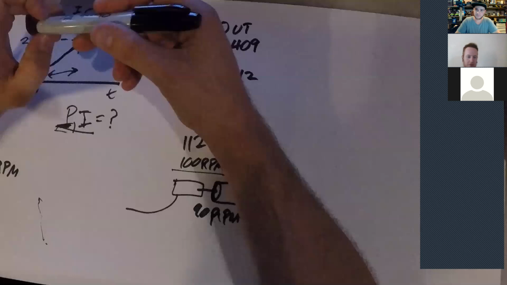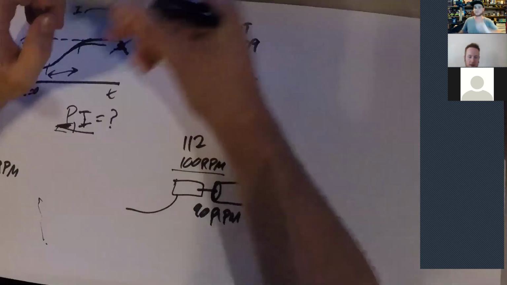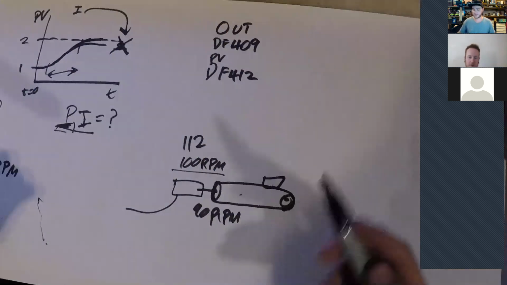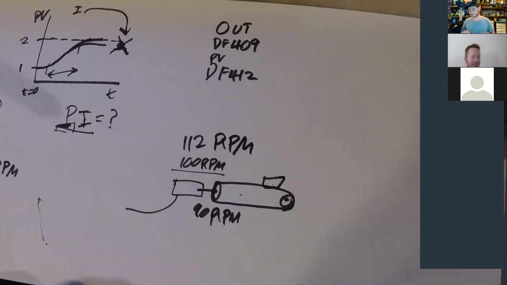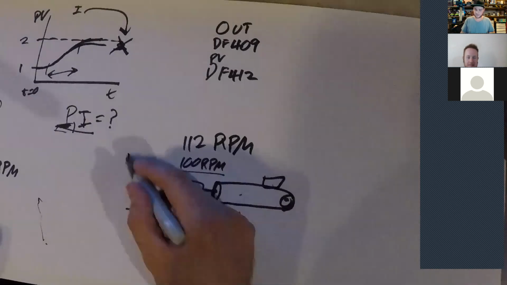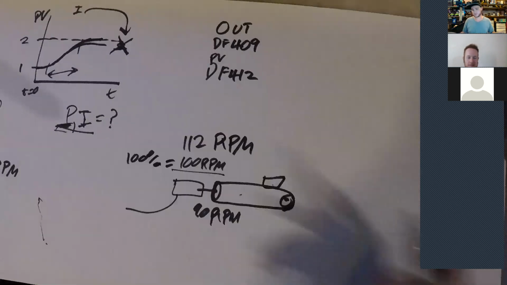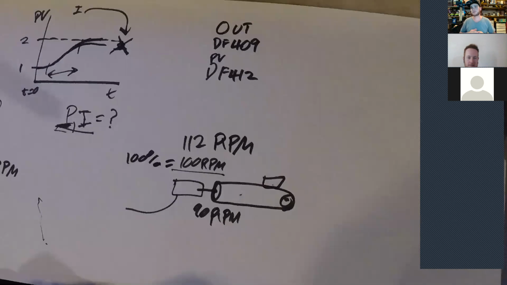So that 112 number, that's RPM, not percentage, right? Yeah. Okay, cool. Just making sure. For this example, let's say 100% is equal to 100 RPM. Yeah, you wouldn't get full capacity. If it was percent, I would have been really confused.